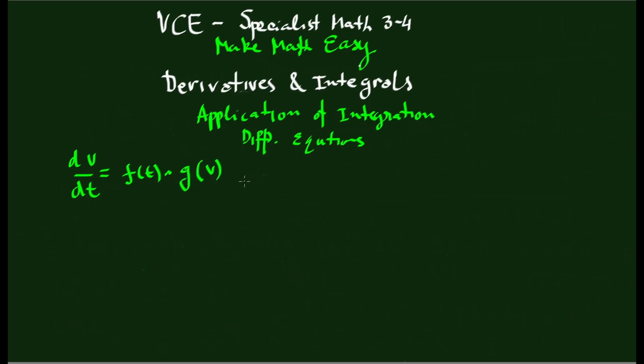So what you do, you separate the variables, so you go 1 divided by g of v times dv, and you get f of t times dt, and then you integrate the two parts of the equation separately, this one by dv, this one by dt.